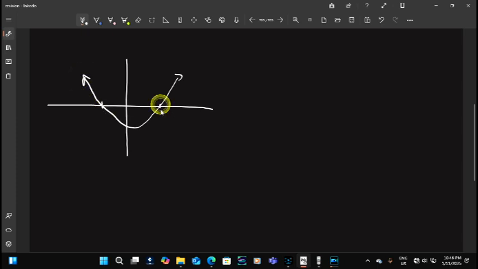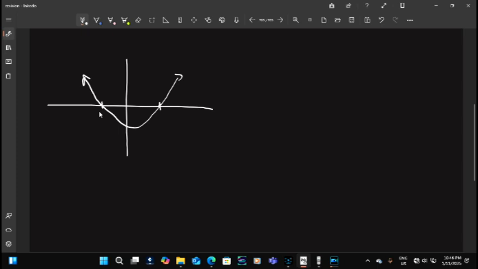So we have this situation. We can have a parabola that has shifted vertically downwards like this. Okay, and then it has intercepts.